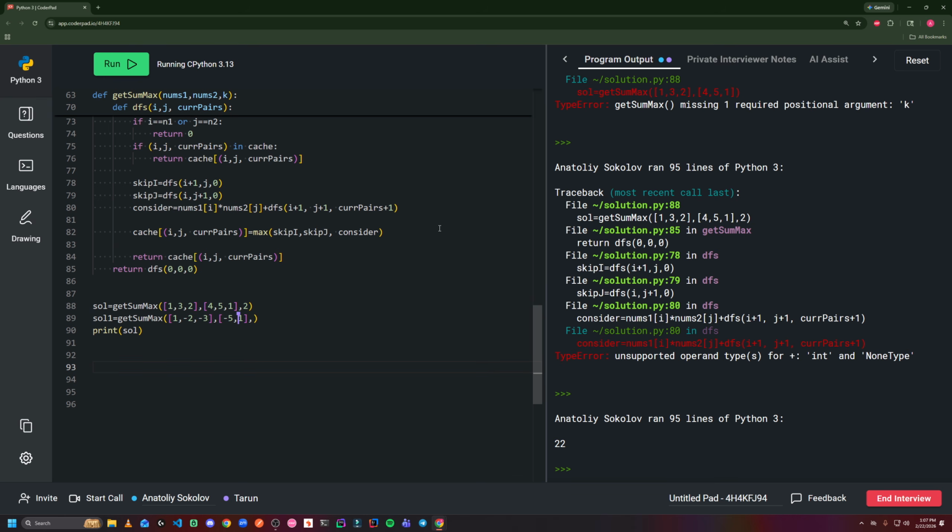Okay, so -5, -2. For example, I think here it will be 2, -5 into -3 into 2, right? Because 2 times 5 is 10, 3 times 2 is 6, so it'd be 16. 16.